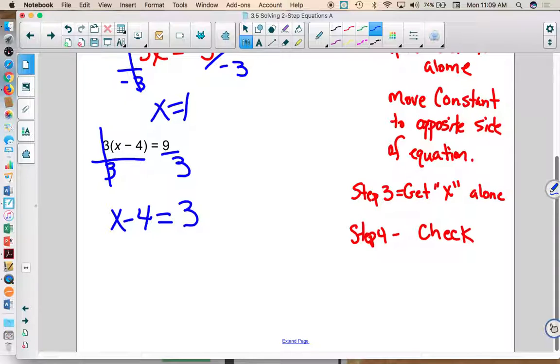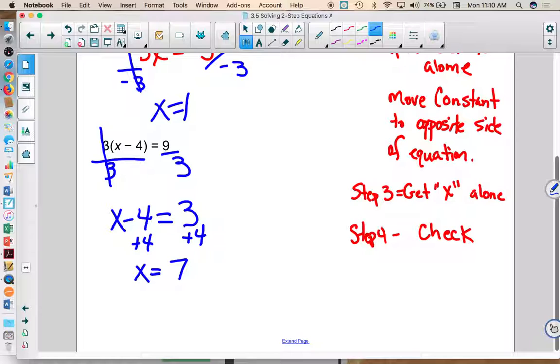Now, undo subtraction. Addition. Plus 4, plus 4, x equals 7. I followed through the multiplication. Yeah, you can do the multiplication. If you did the distributive property, it would.